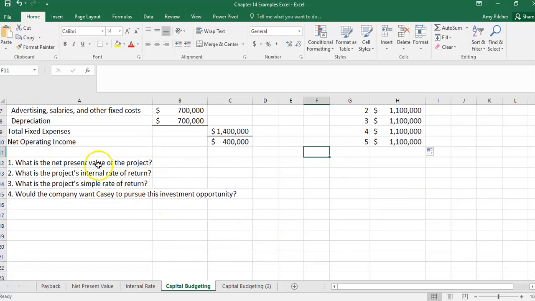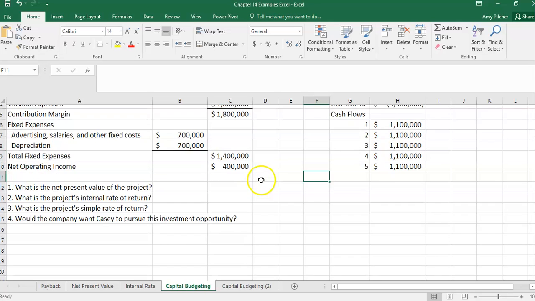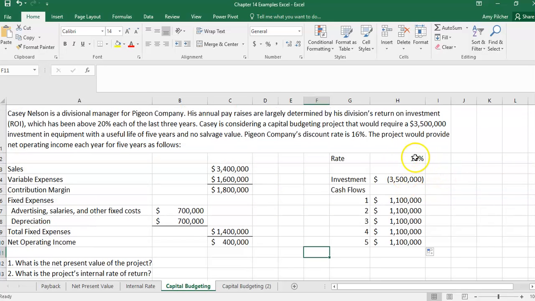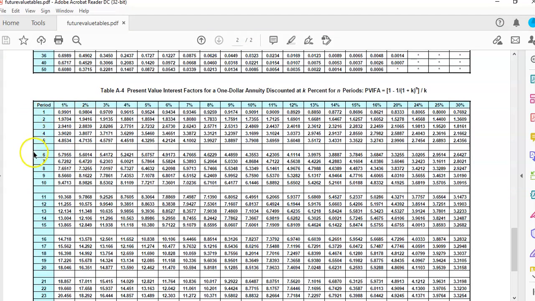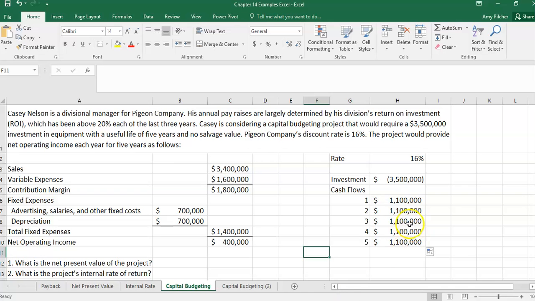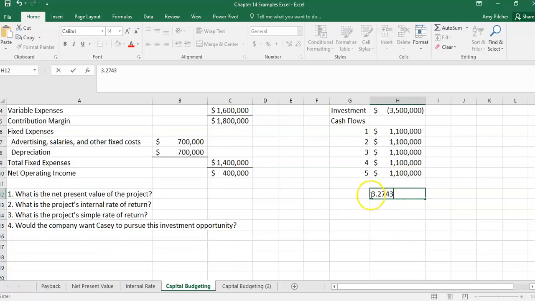Our first question is, what is the net present value of this project? So we have a rate of 16% with 5 years. So we would go to our table and get our factors. 5 years at 16% is 3.2743. So that is our factor at 16%.